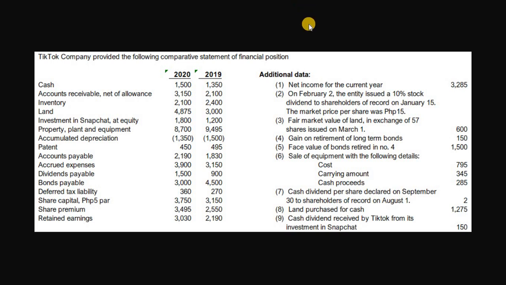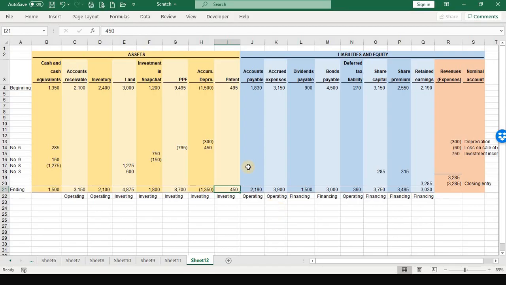Based on the additional data, there are no transactions available regarding the patent. However, since the beginning and ending balance are not the same, there is a difference between the beginning and ending balance of 45, which is a decrease. So since there is no available data in our problem about the patent, we are going to make an assumption about the 45 peso decrease.